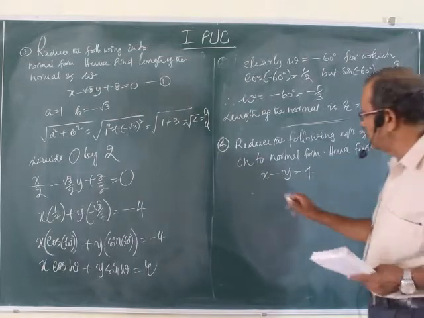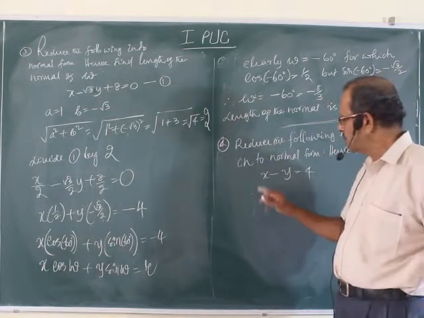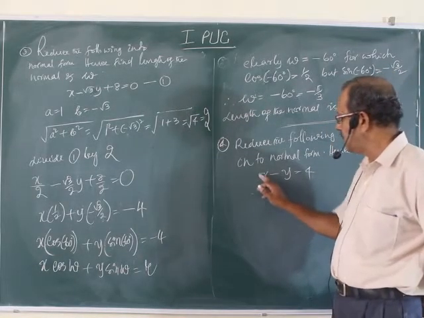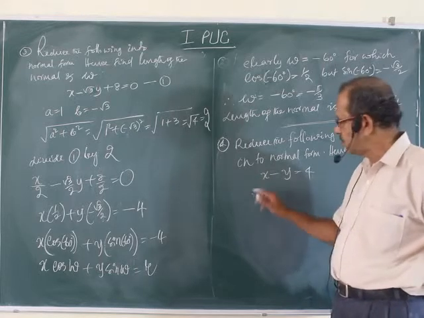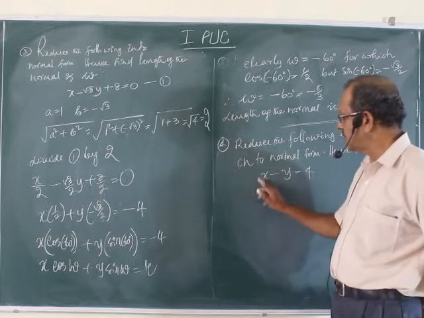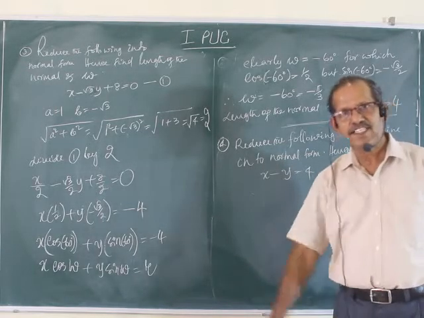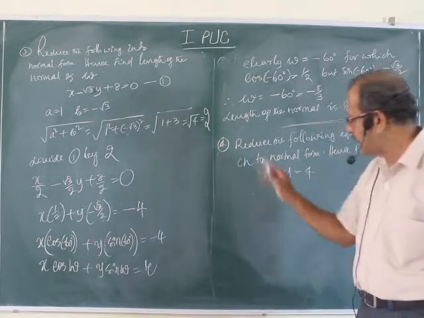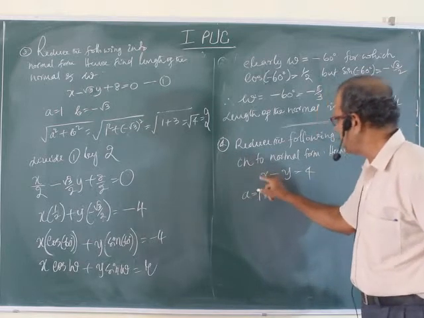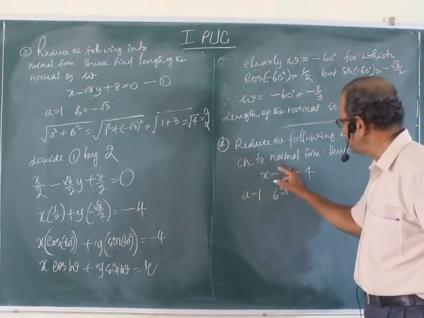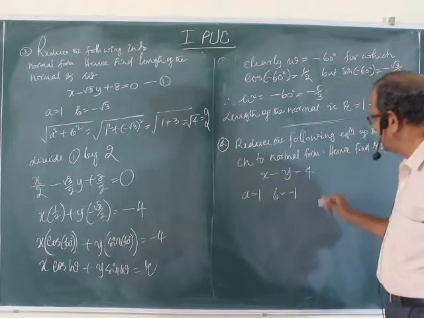Whatever may be, don't write straight away cos omega, coefficient 1. Cos omega is 1, sin omega is also 1. Don't say like that. Such angle does not exist. What you have to do is, a equal to 1, b equal to coefficient of y.